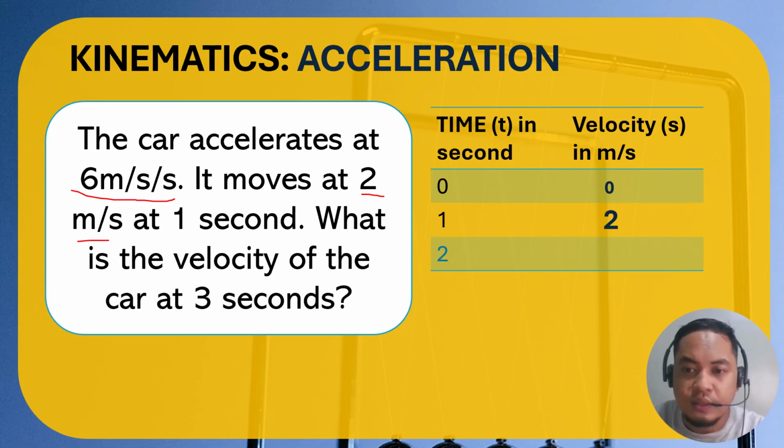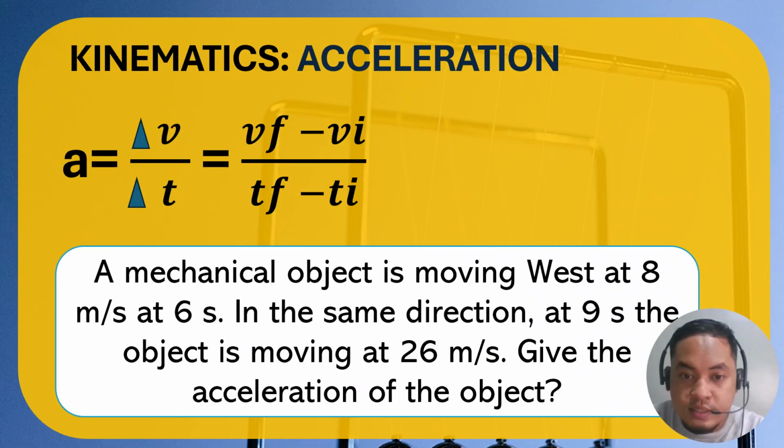At 2 seconds, add 6, you will have 8. And then at the third second, sorry, I cannot go back to the slide, when you add 6 plus 8, that's the velocity at 3 seconds.